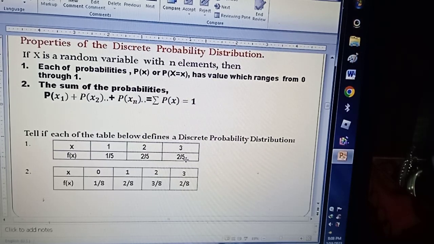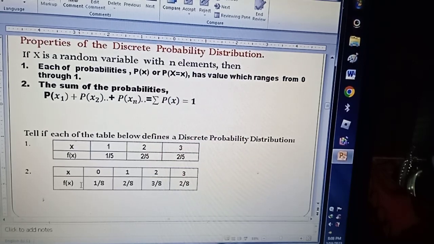And 2/5 is greater than 0 but less than 1. And if you add 1/5 plus 2/5 equals 3/5, plus 2/5 equals 5/5. 5 divided by 5 equals 1. So this table number 1 is a table of a discrete probability distribution.